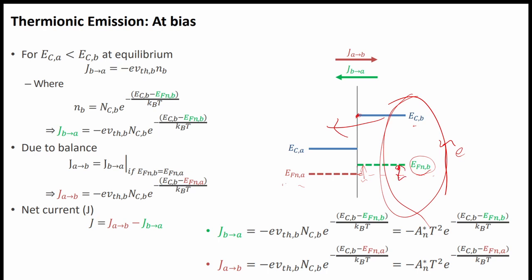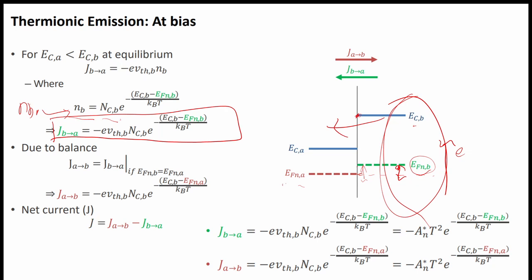So this concentration of the electrons has changed from NB naught to NB. Now NB is equal to NCB exponential of ECB minus EFNB. So the current will now have changed to this.